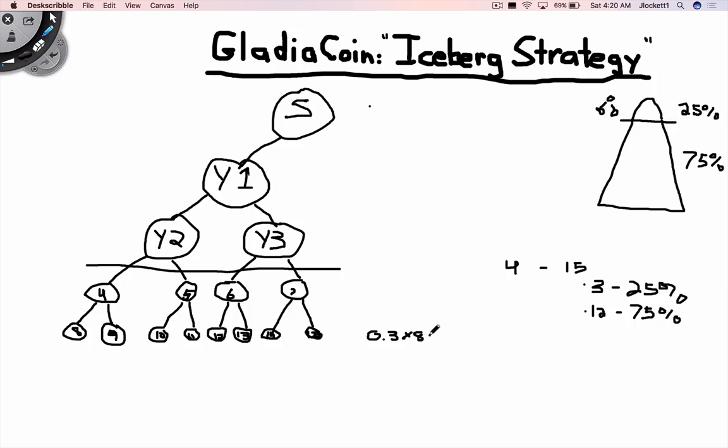So that wouldn't be too bad. That would actually look pretty good, 2.4 Bitcoin. And then we've got 0.6 here. So we could do 0.6 left.